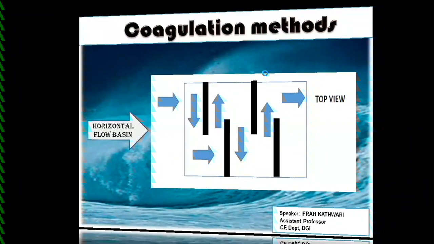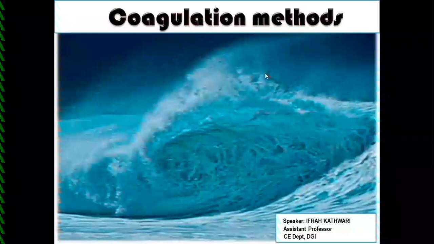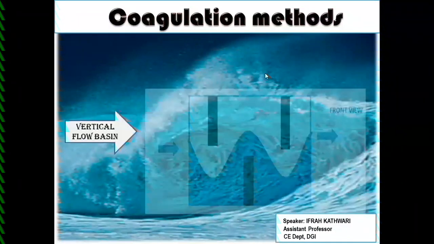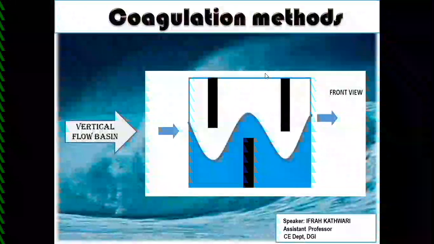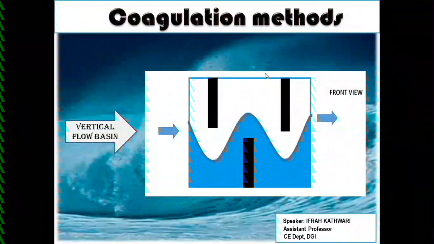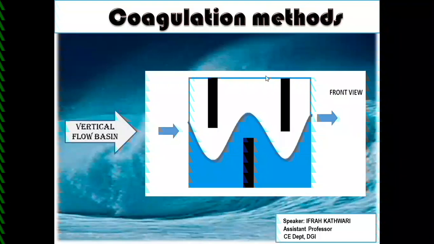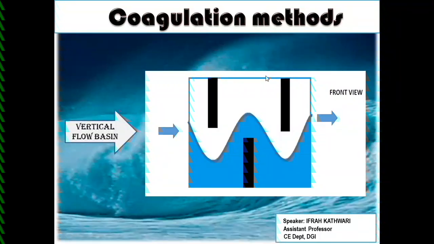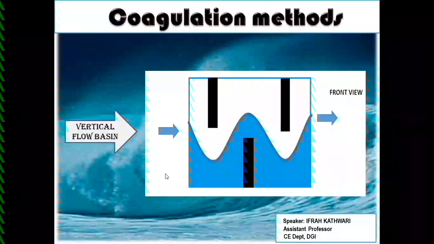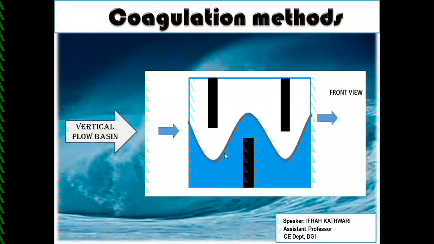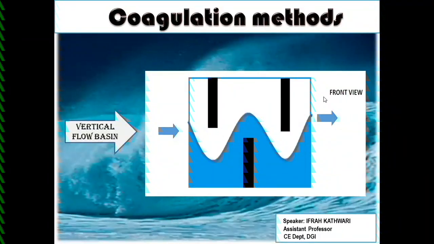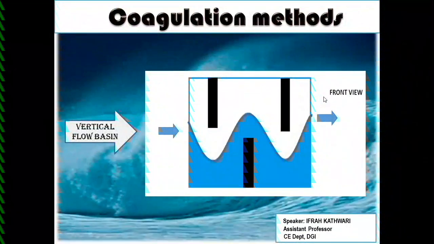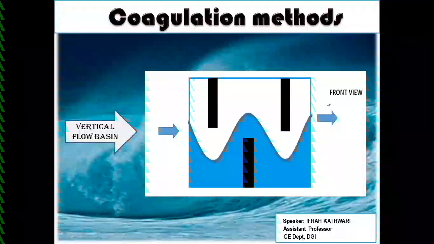Coming to the second method, it is the vertical flow basin, and this is the front view of the vertical basin. Again, mixing is done by creating turbulence through continuous change in the direction of flow. Here, the water is flowing vertically, whereas earlier the water was flowing horizontally.